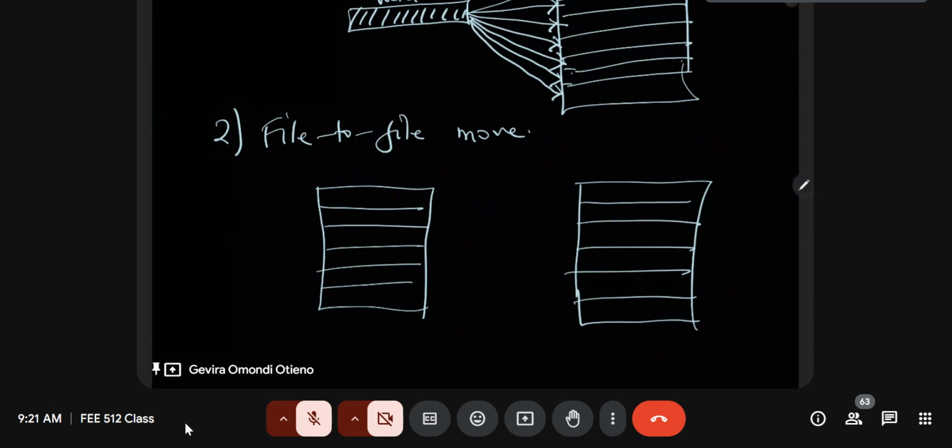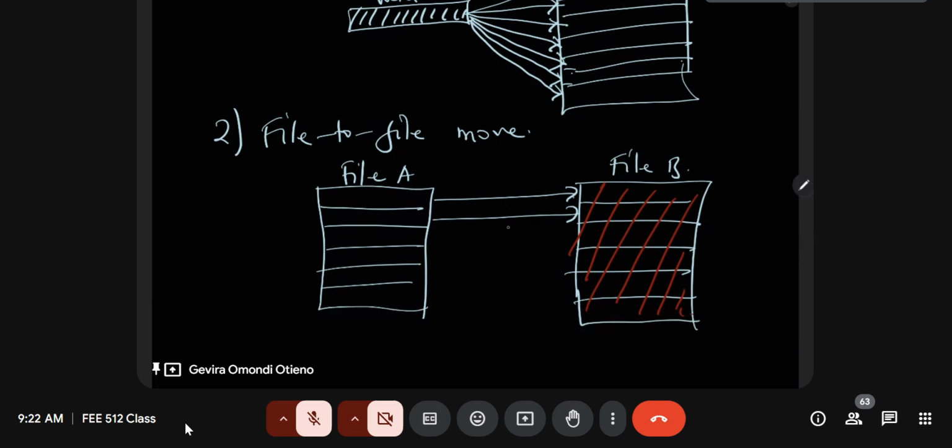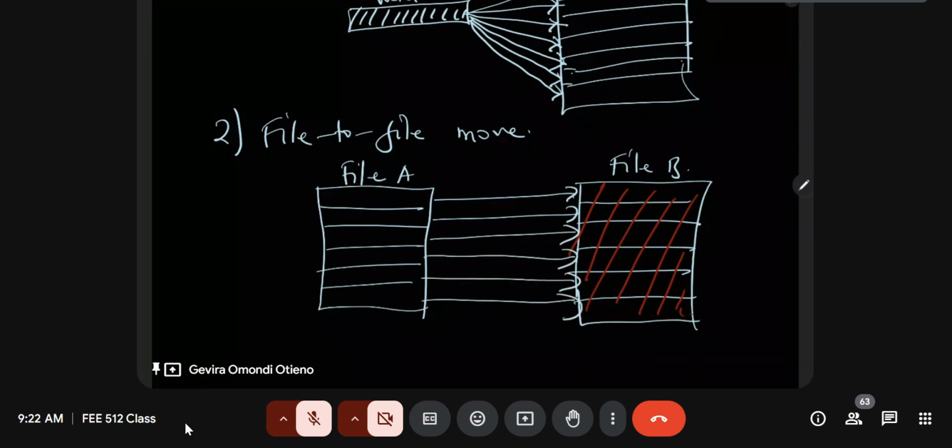So you have file A, this is file B. So I am transferring the contents of file A to file B. How does that happen? Very easy. This is moved there, this is moved there, this is moved there, there, and there. Just like that. So this is a file to file move.